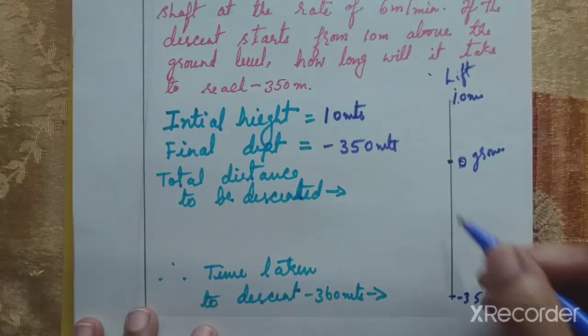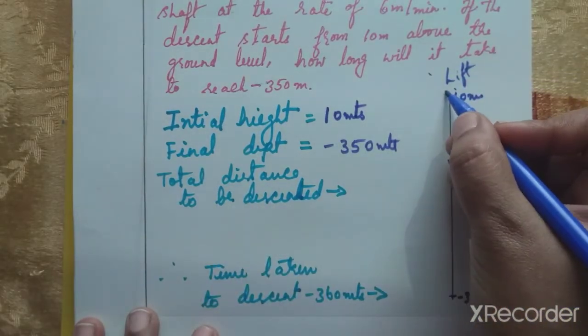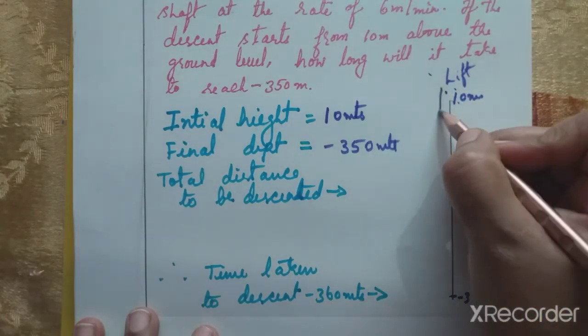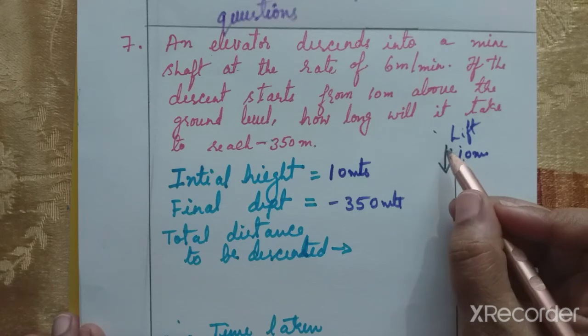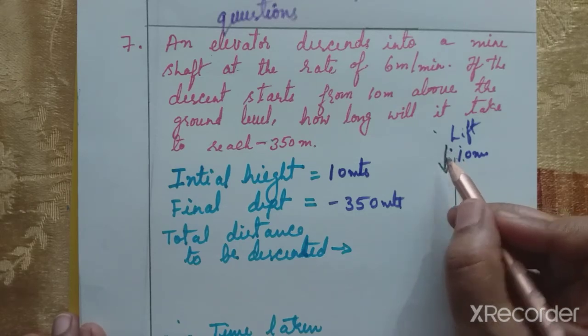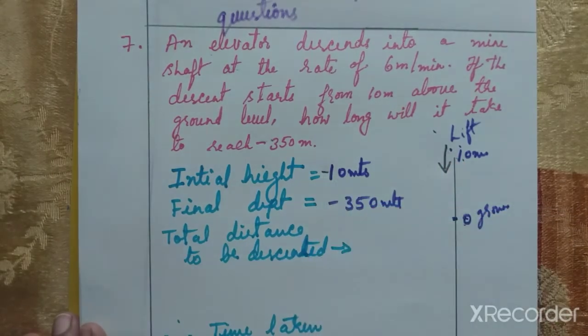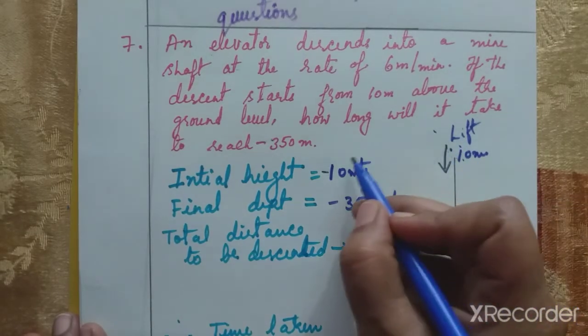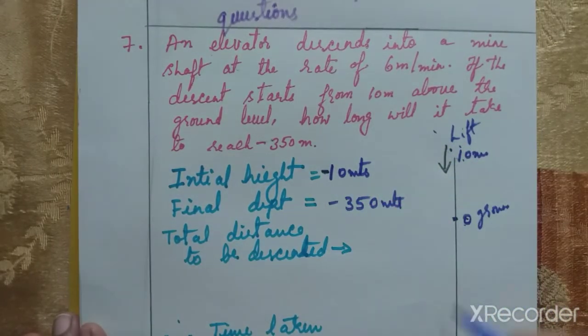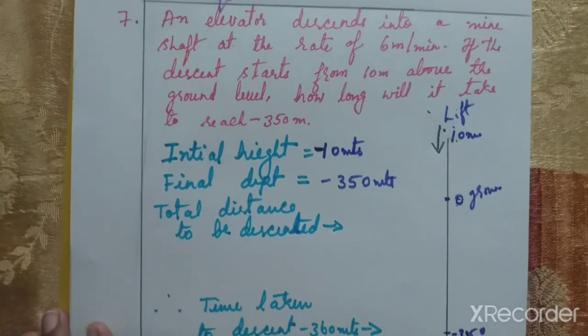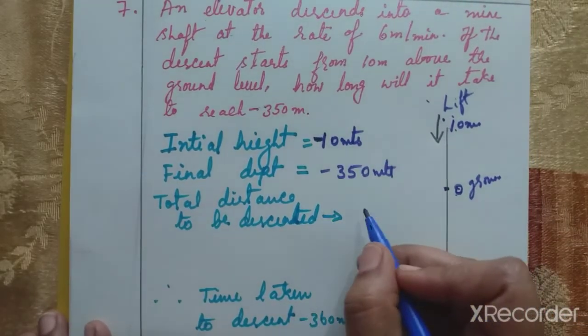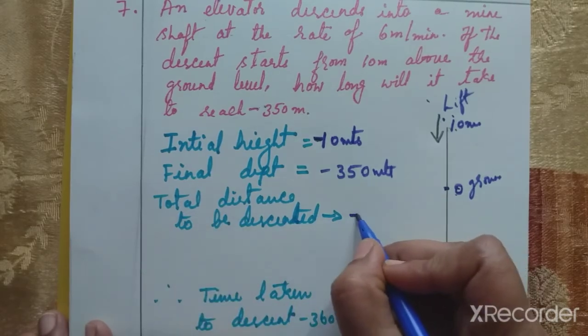Coming down means we have to write the minus symbol. So this is also minus 10 meters, because from the top to here, descended means we are coming down, so negative, and minus 350.